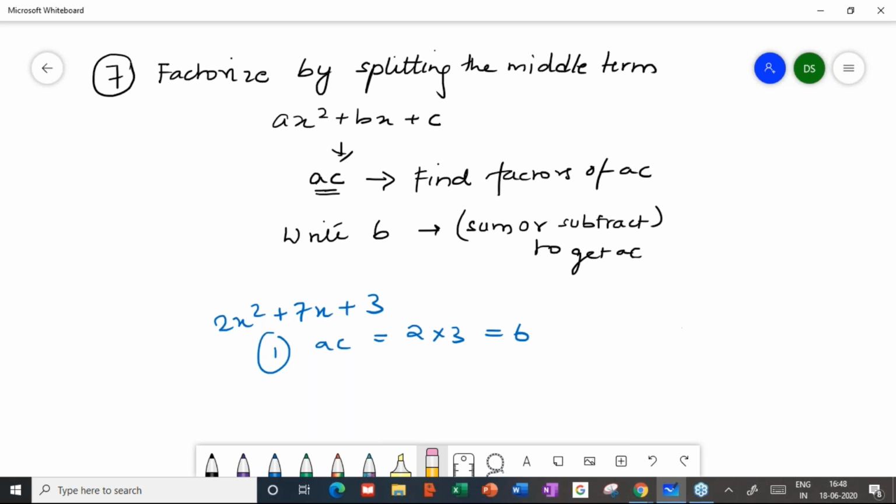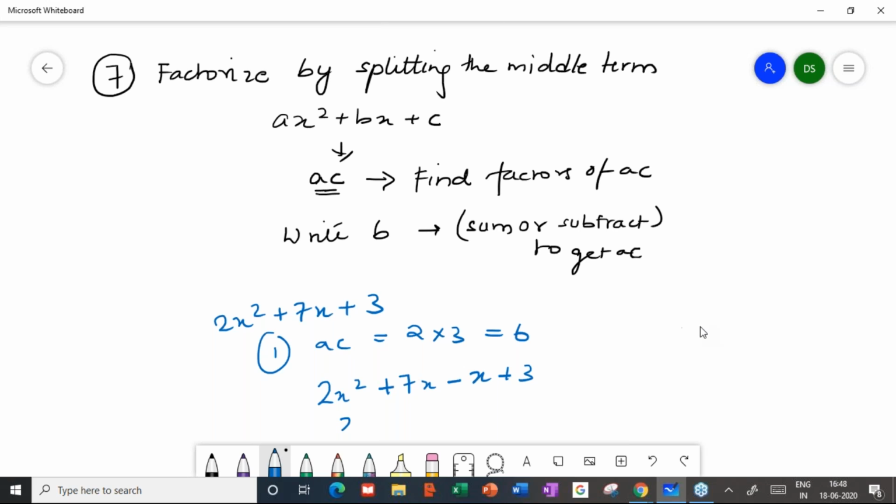So in this case, it's basically 2x square plus 7x minus x plus 3, which will give you 6. 7 minus 1 is 6, right? And 7 into 1 is 7.